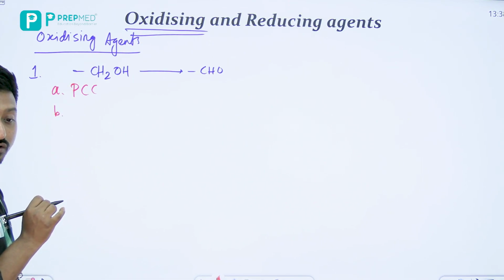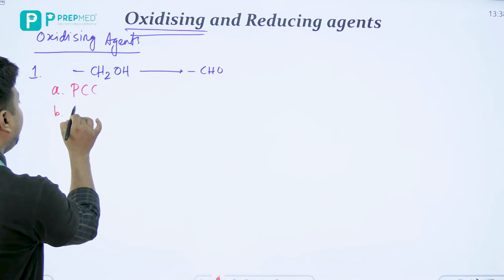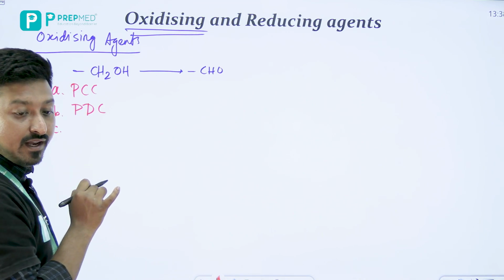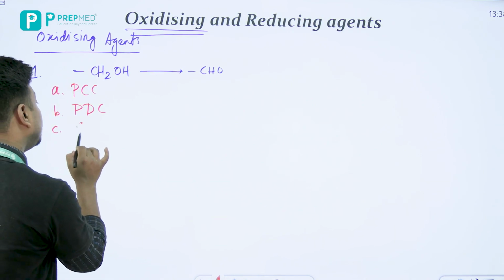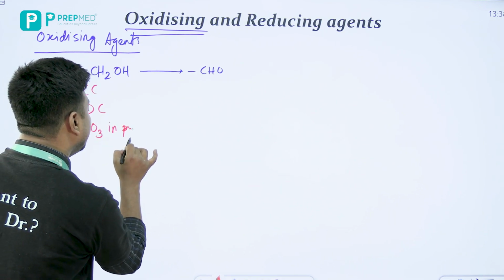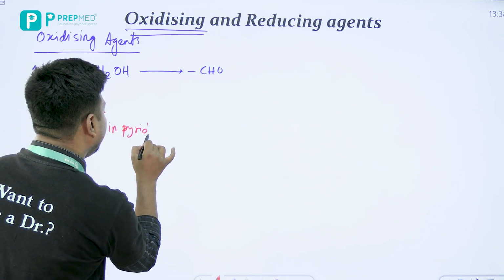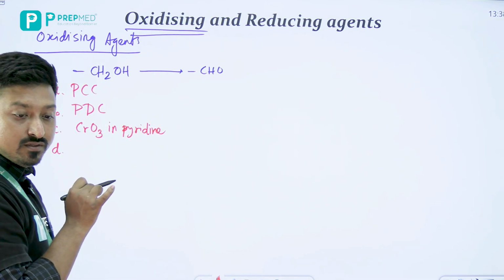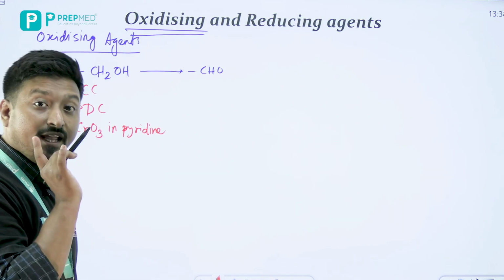Number B, what can we use? We can also use PDC. Number C, we can use CrO3 in pyridine.